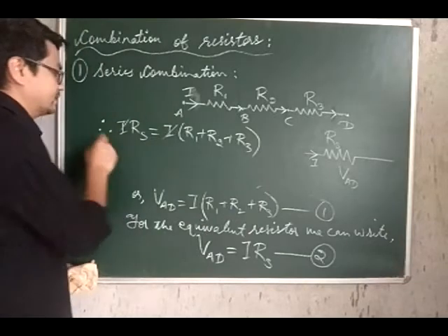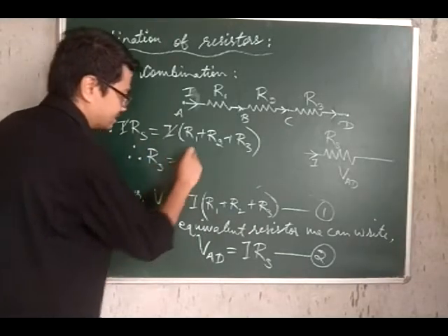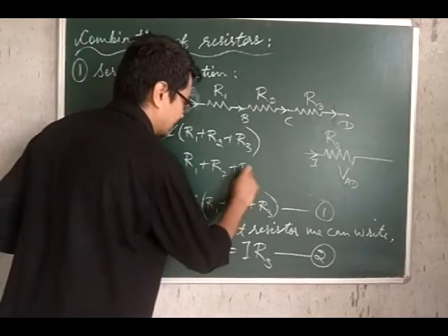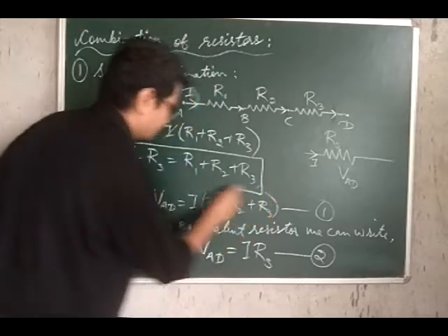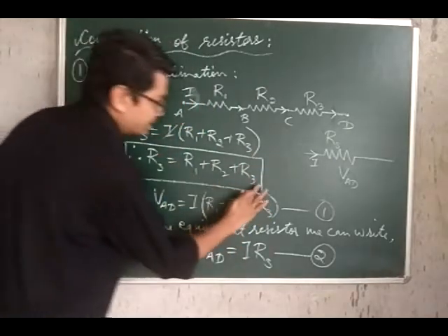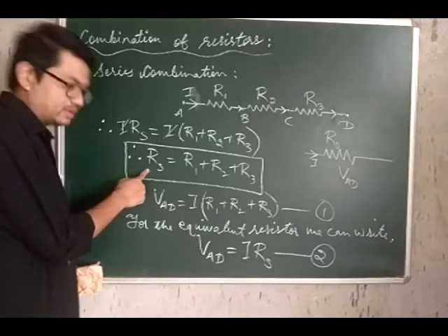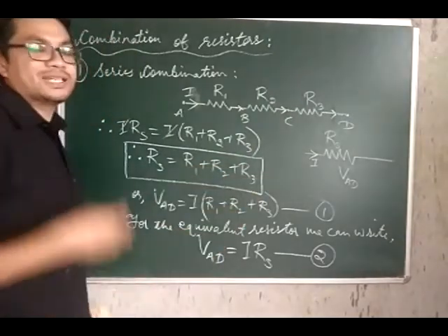So I divides out, and therefore we get RS is R1 plus R2 plus R3. A very, very important equation for you all. This is the value of the equivalent resistance when three resistors are connected in series.